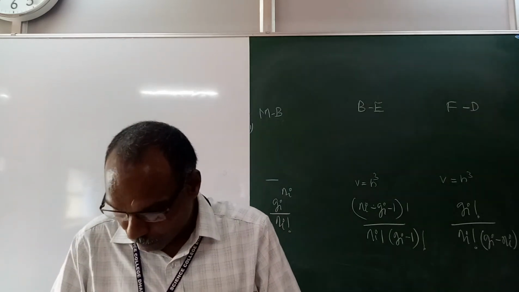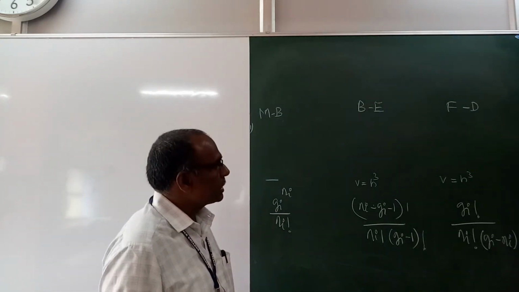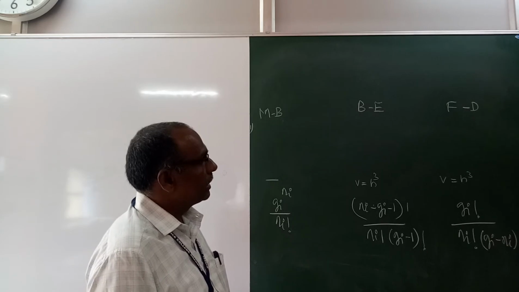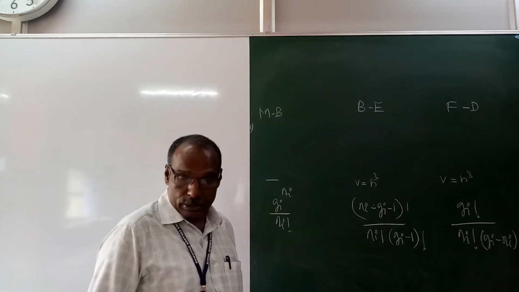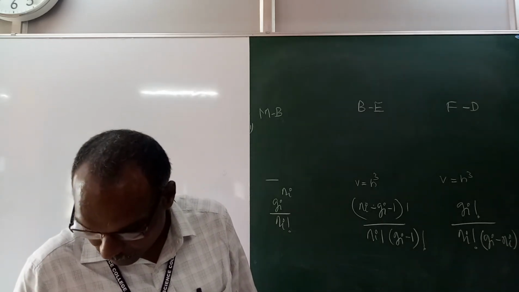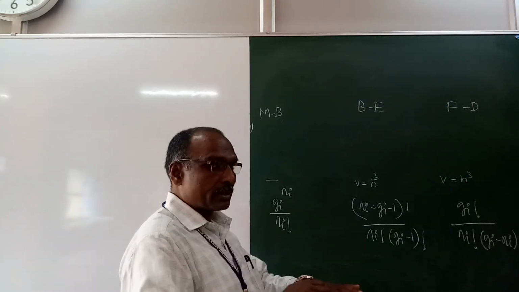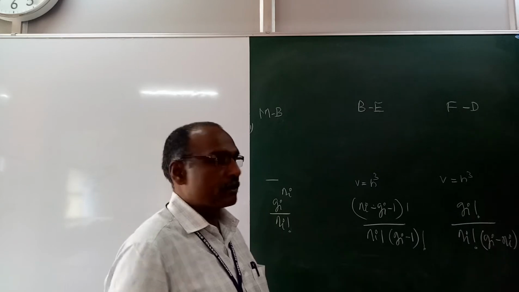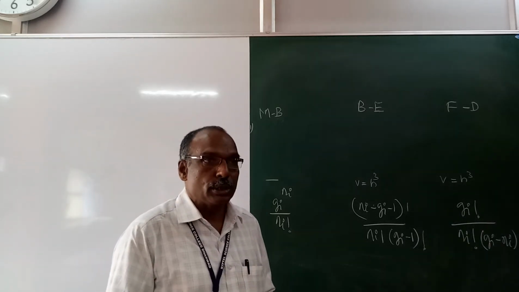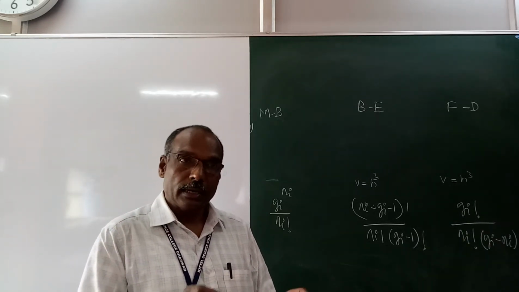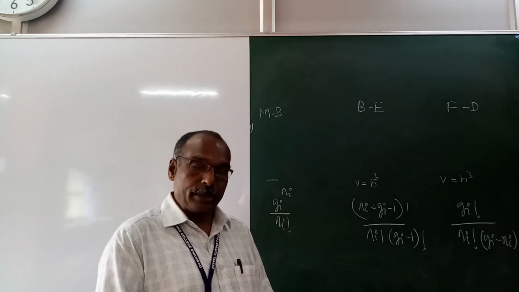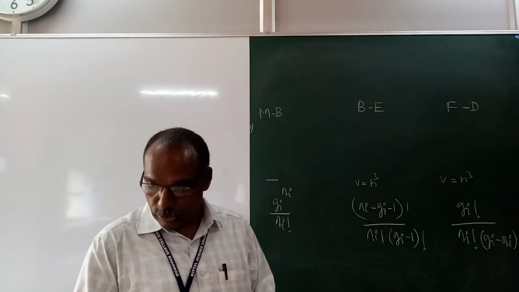Answer is no. MB statistics cannot obey the Pauli's exclusion principle. Bosons have spin, either 0 or 1, because it is an integral multiple of an integer, or it is 0.